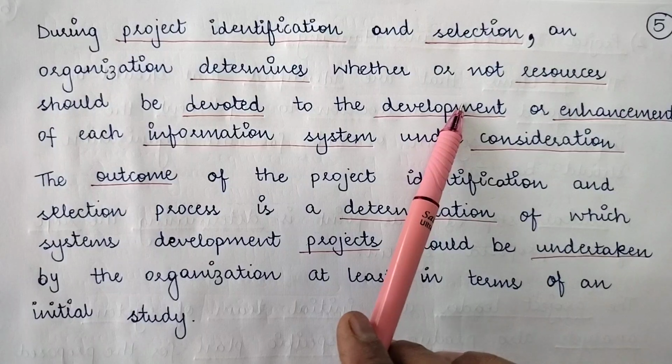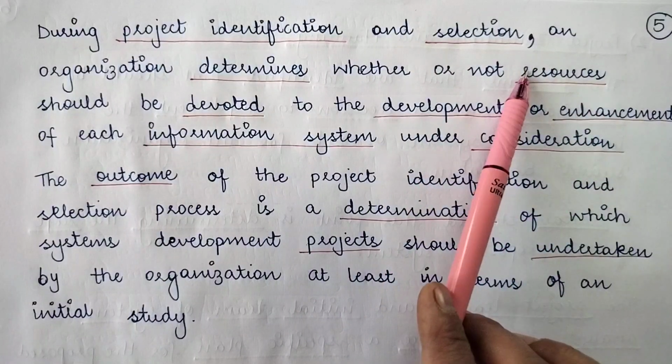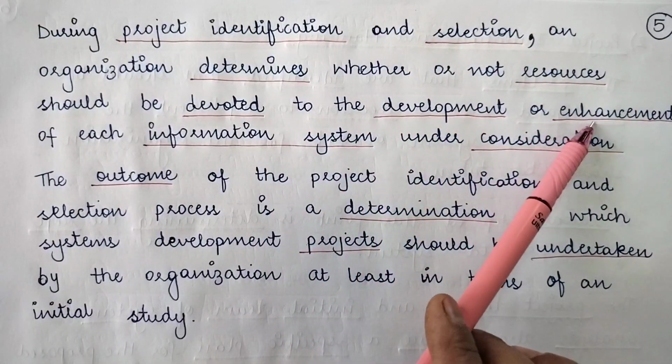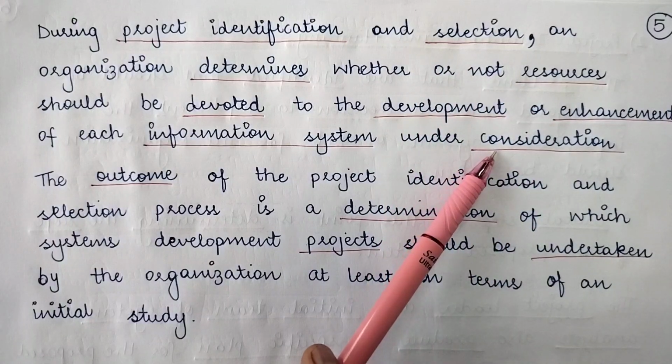Development when you want a completely new information system, enhancement when you want an improved information system. So, whether we should devote the resources of the organization for the development or the enhancement of the information system which is being considered, these things are also considered by the organization.